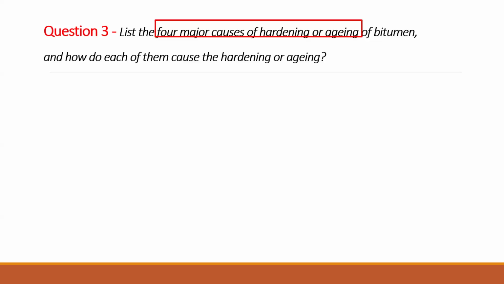Yes, so bitumen can react with the oxygen in the environment, and that can form more asphaltenes. Asphaltenes is the hard solid part, so because of that, the bitumen will get hardened.